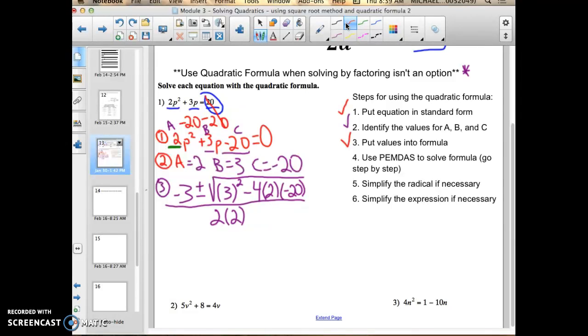Step 4 then, use PEMDAS to solve the formula, go step by step. What I really want you to do is, and I'm going to change this, we need to simplify what's underneath the radical first. I highlighted it in green. This is called the discriminant.